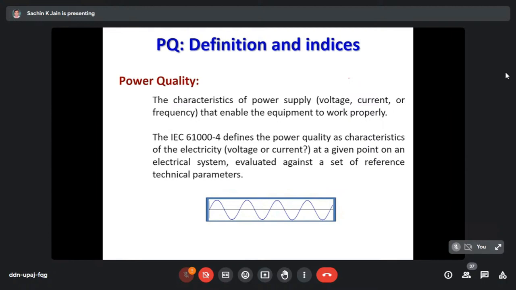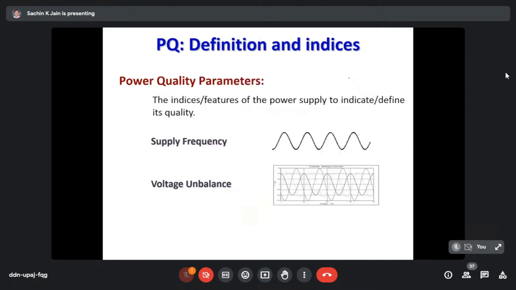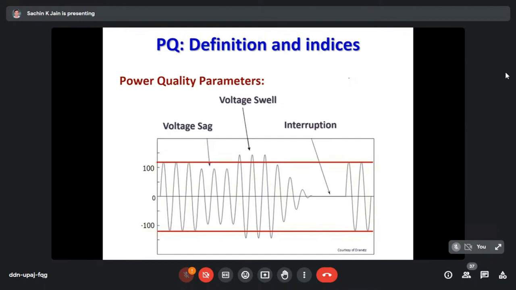So power quality is defined as the characteristics of power supply that enable the equipment to work properly. There are different parameters that we need to monitor, for example frequency, whether the voltage is balanced or unbalanced, and whether there is any sag, swell or interruption in the power supply.